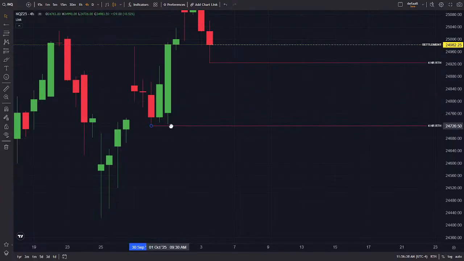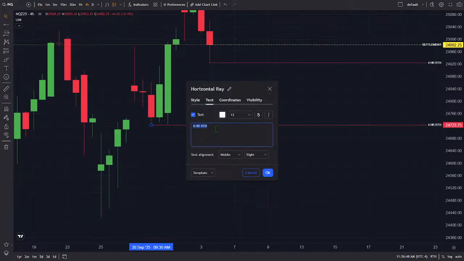These would be relative equal lows on this 4 hour chart. So you want to make sure you mark those out and label them. They're not dead equals. We just put relative equal.